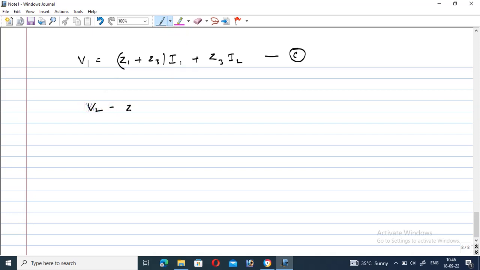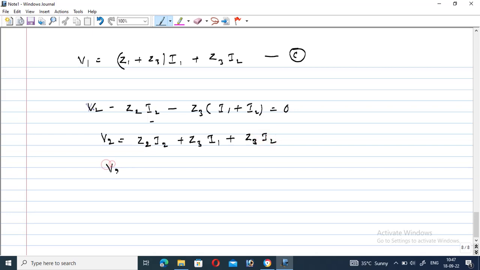V2 minus Z2 into the current I2 minus Z3 into I1 plus I2 is equal to 0, because it is the same direction current. That's why I1 plus I2. If it is the opposite direction, we will treat it as I1 minus I2 or I2 minus I1, right? So from this, V2 is equal to, if you are shifting all these terms to the right side, Z2 I2 plus Z3 I1 plus Z3 I2, right?